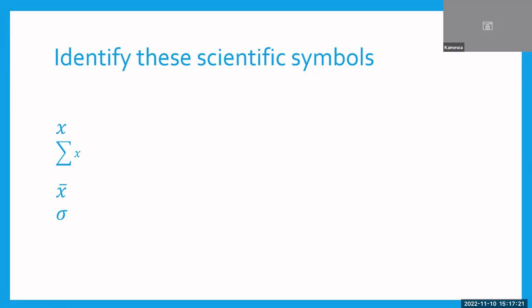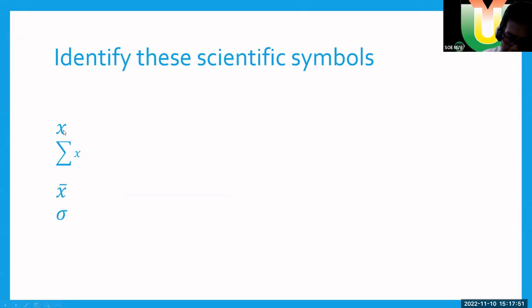The score? Yes, student scores. Good. And the next one? This one? The sum? Yes, good. And the next one? X with mean. And the last one? Standard deviation? Good. Okay. Thank you very much.